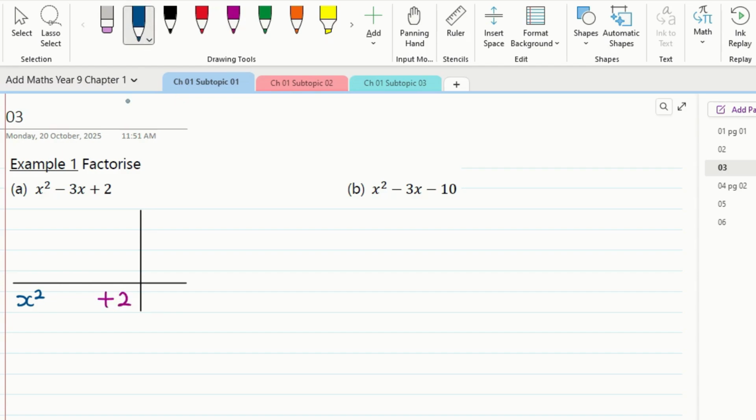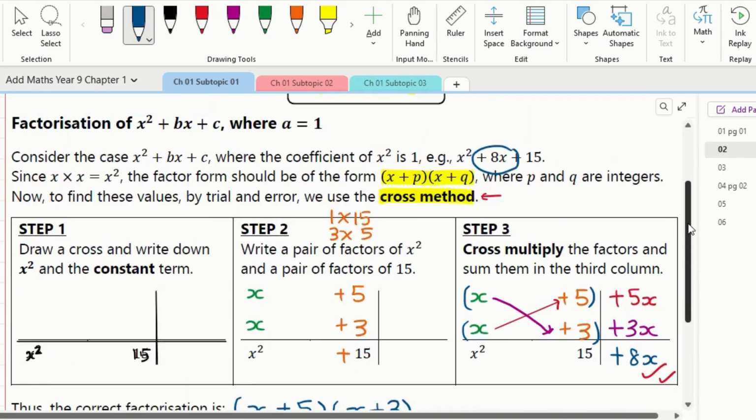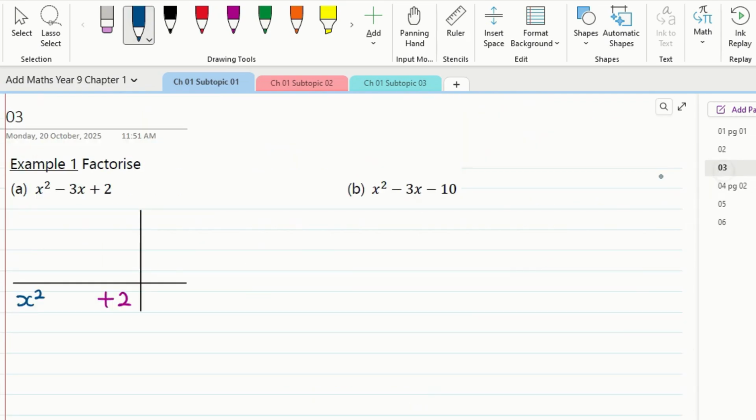Now, same as the method just now that I showed you in the steps here, you are going to figure out what the factors are for each, x squared and 2. So over here, if you put in x and x, okay, this is obviously x squared. But as for 2, now here, positive 2 is going to be plus 1 times plus 2, right?